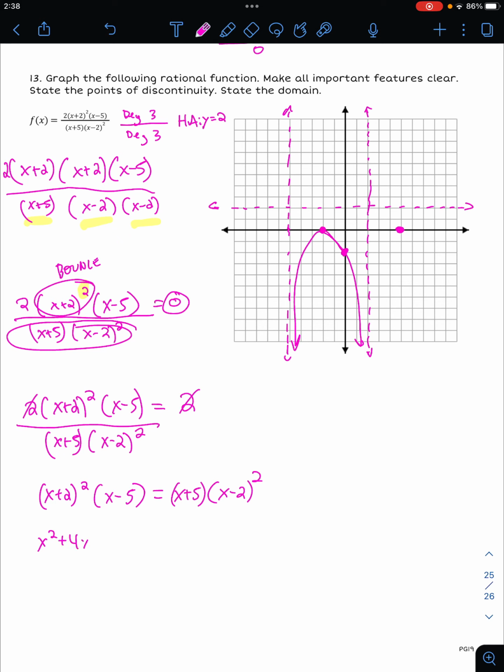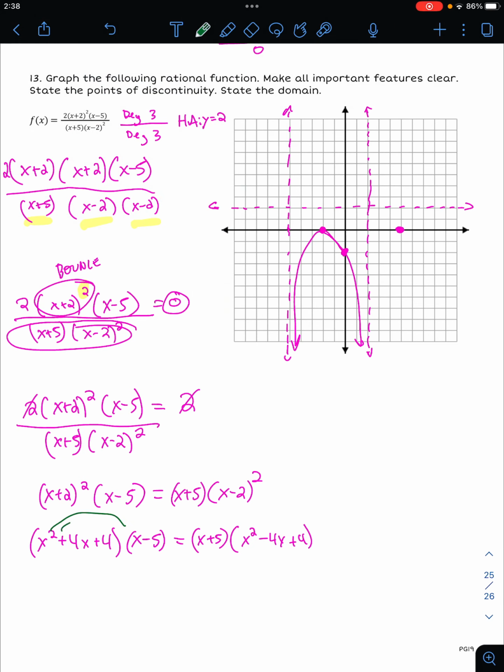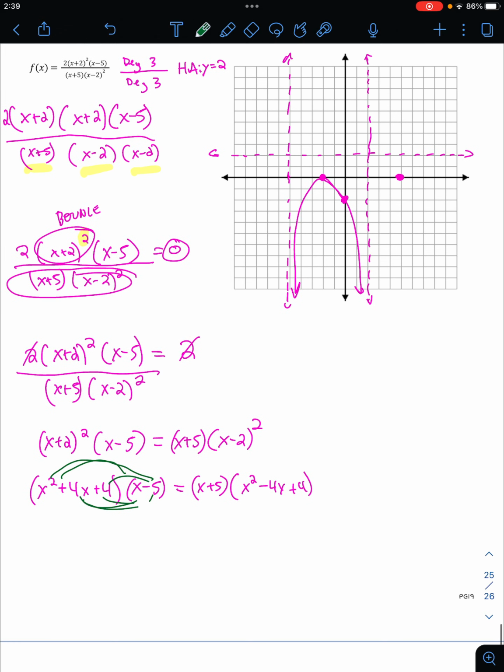So (x squared + 4x + 4) times (x - 5) equals (x + 5) times (x squared - 4x + 4). Good. Now we use the distributive property. Everything distributes. You can set up a box method if you like, but I can distribute, distribute, and so on and so forth.